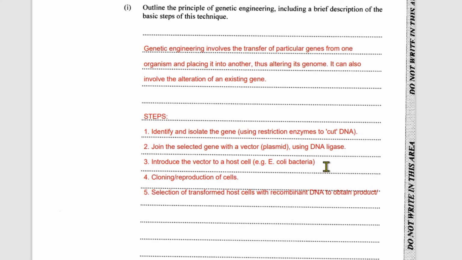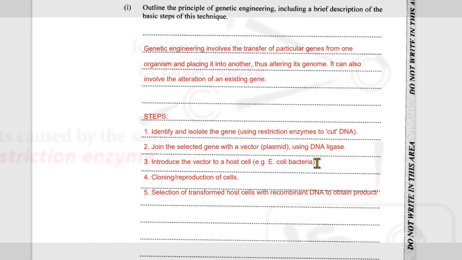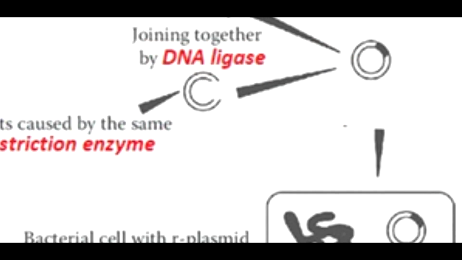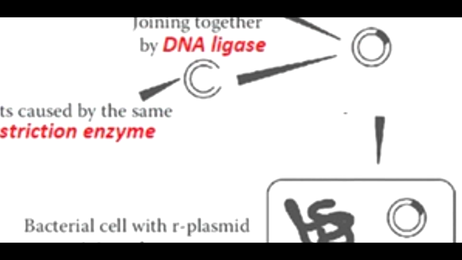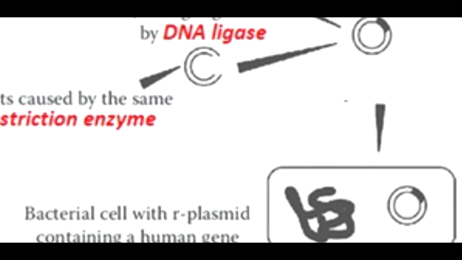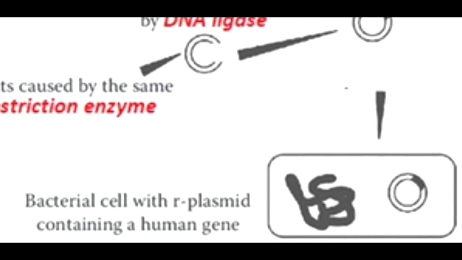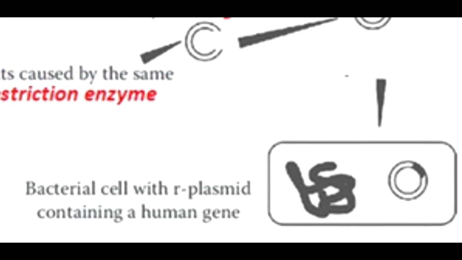What you'd have to do now is introduce the vector to a host cell, for example, E. coli. So you could sort of mix the bacteria with the plasmids and hope that they take them up. Whether they take them up or not, that's a whole different story, but you're going to see if they could take them up.